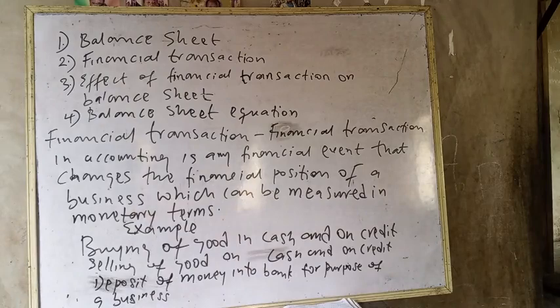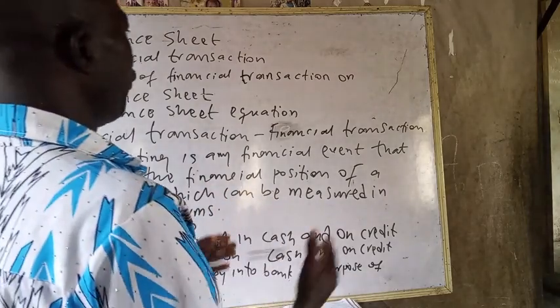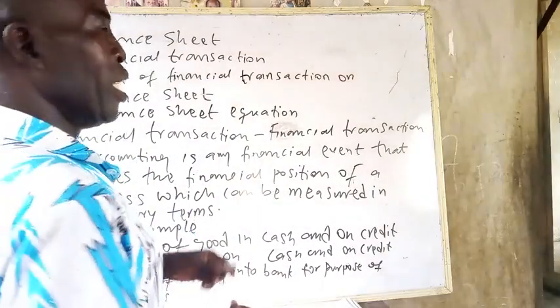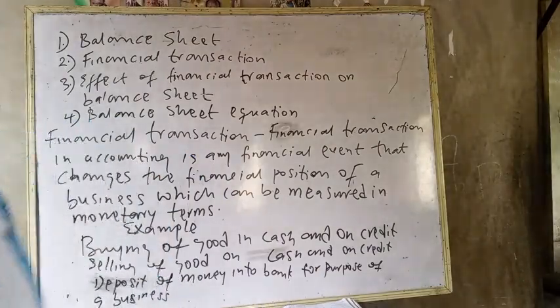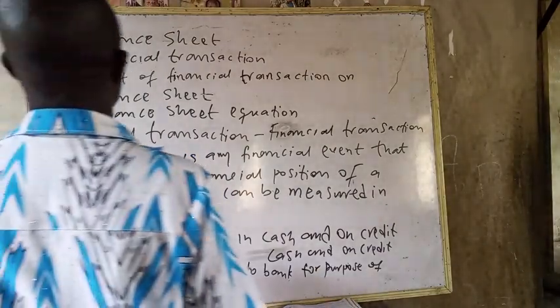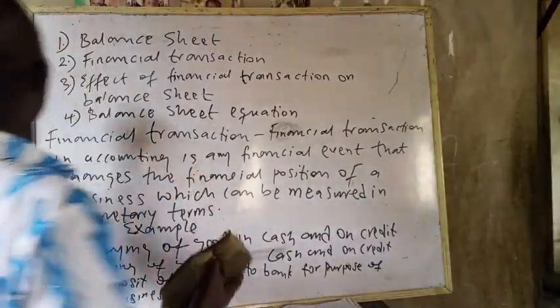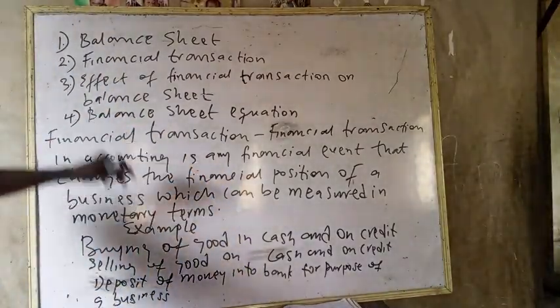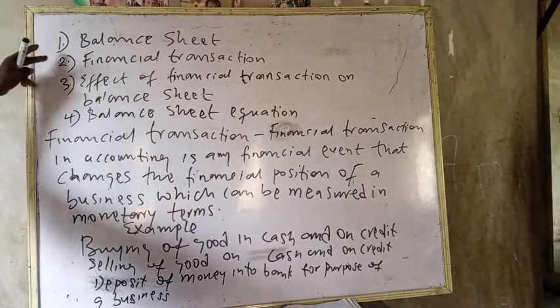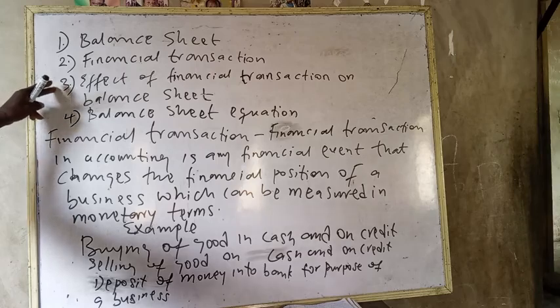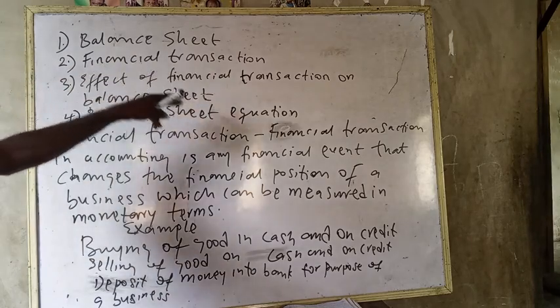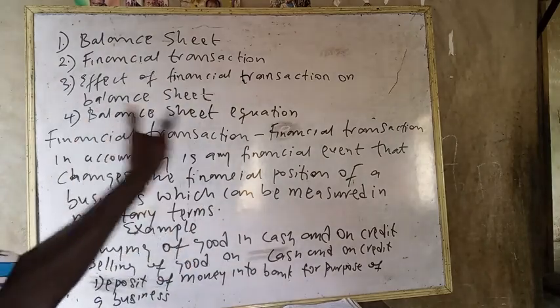That is a financial transaction. It has two effects on the balance sheet, and that, like I said, is popularly known as double entry. So these definitions cover these 2 and 3: the financial transaction and its effect on the balance sheet.